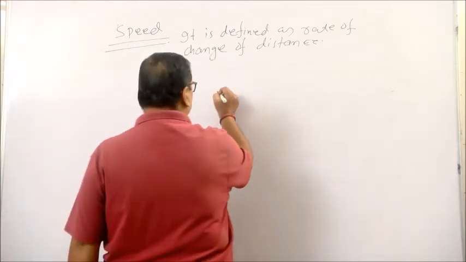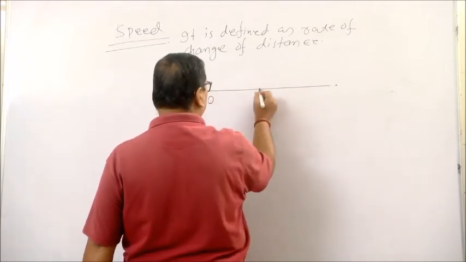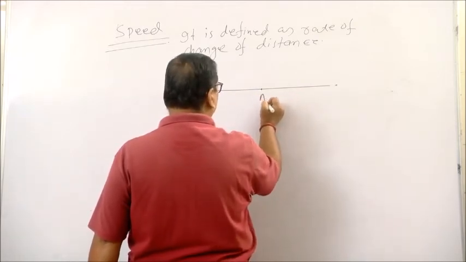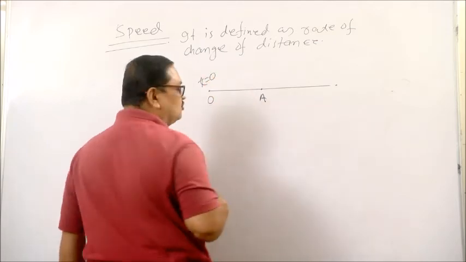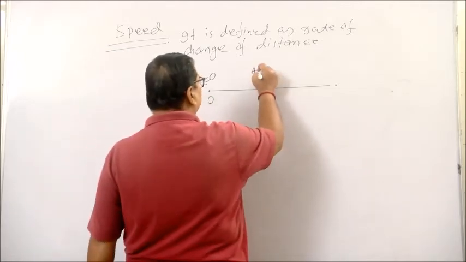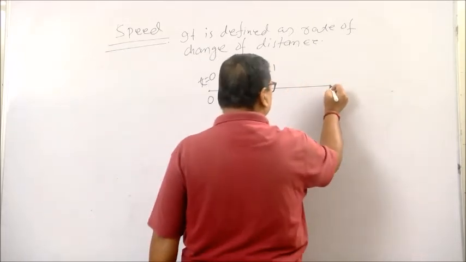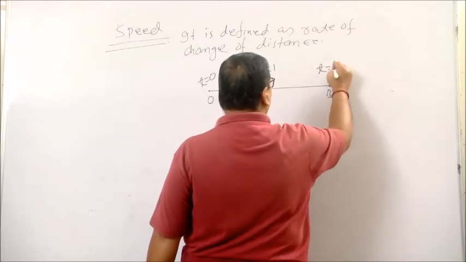Suppose a body starts from O and comes to point A. Suppose the time at the starting point, the initial point, is 0. When the particle is at point A, time is t1, and when the particle is at B, time is t2.